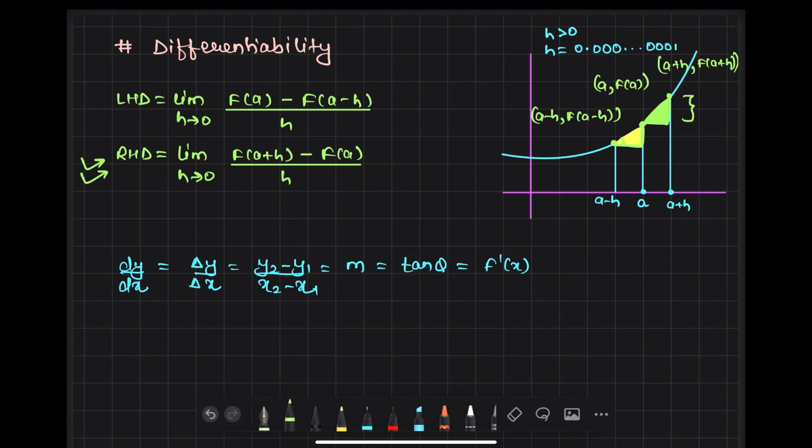You are free to use any one of them, but I'll suggest you go with RHD because it is easy to memorize.